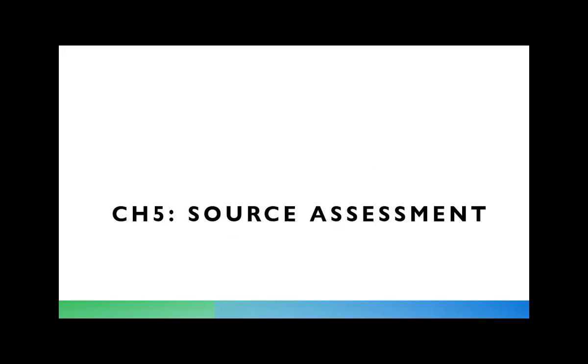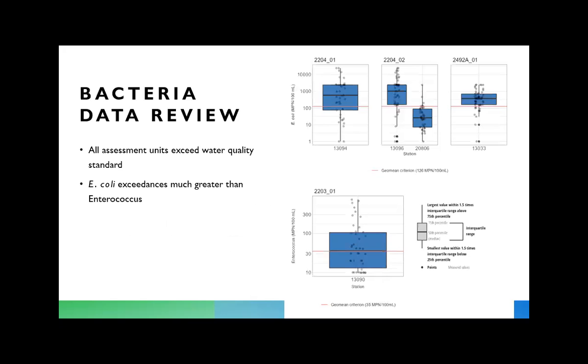This is where we get into breaking down the numbers and quantifying. We're saying nutrients and bacteria are a problem, but it really is a problem because measurements have been taken and quantified, and these are the results. This is just one way to look at the amount of data. Each of these represents assessment units on the creeks, and each of these numbers down here are the stations where the measurements were taken.